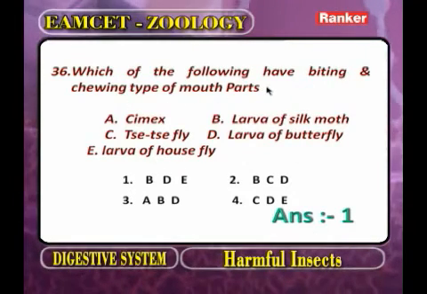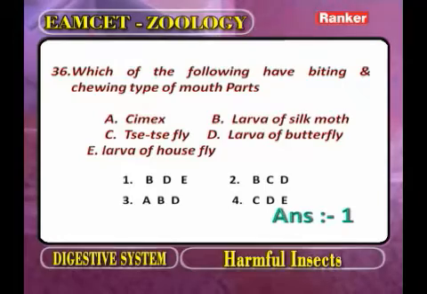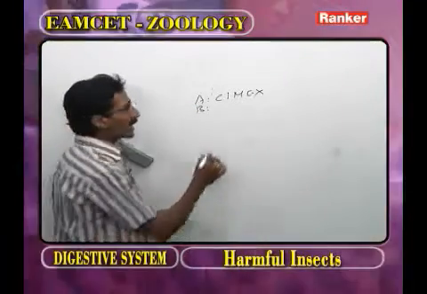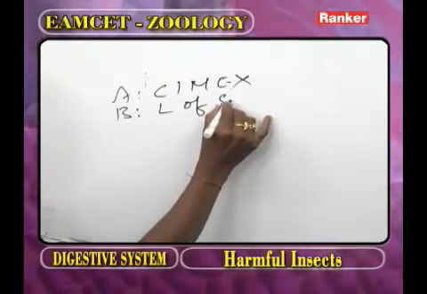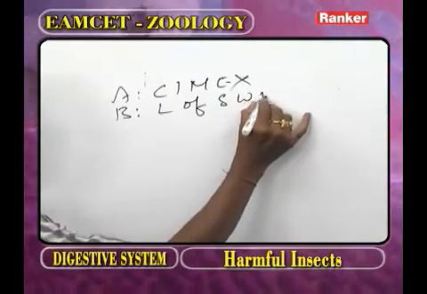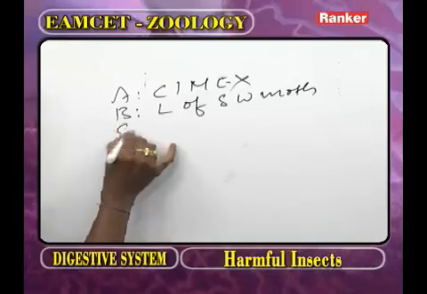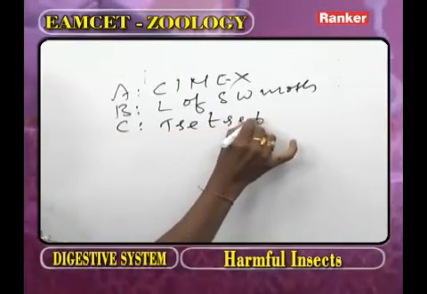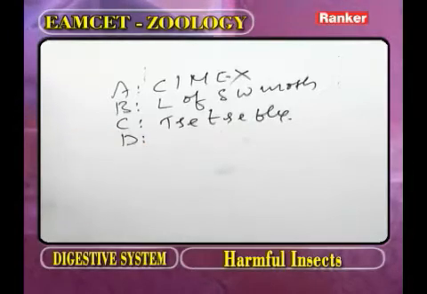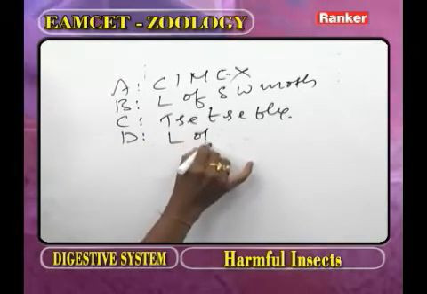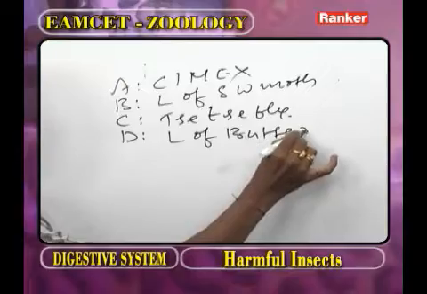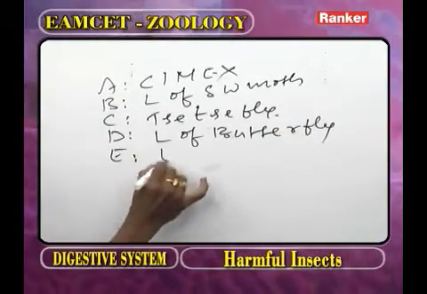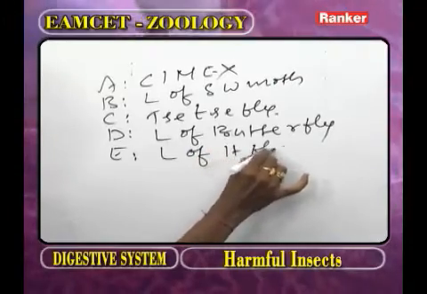One option is the bedbug Cimex, the second is larva of silkworm moth, the third is the tsetse fly, the fourth is larva of the butterfly, and the fifth is larva of the housefly.